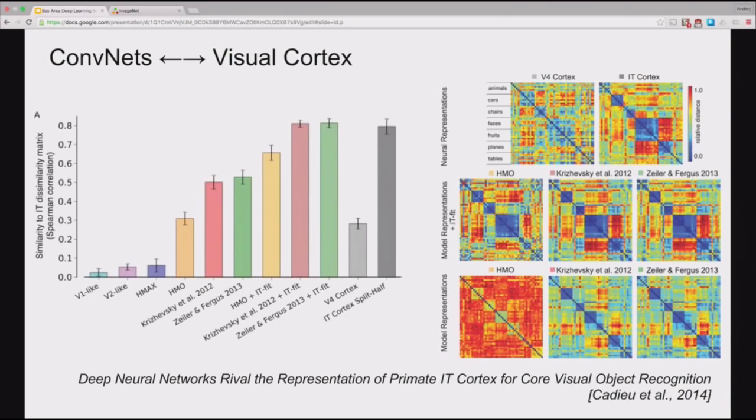So they take a monkey and they take a ComNet, and they show them images, and then you look at how those images are represented at the end of this network, so inside the monkey's brain or on top of your convolutional network. You look at representations of different images, and it turns out that there's a mapping between those two spaces that seems to indicate to some extent that some of the things we're doing somehow ended up converging to something that the brain could be doing as well in the visual cortex. So that's just some intro.